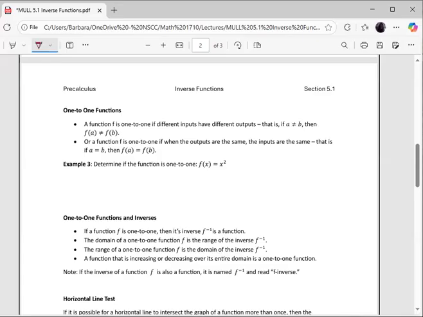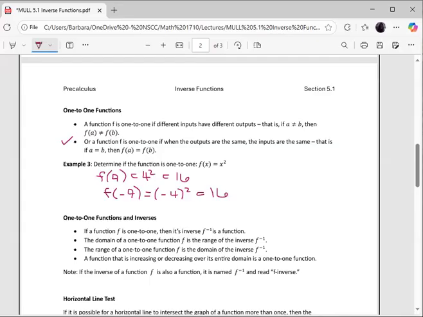This is f of x equals x squared. Well, if we look at this, we can see that f of 4 is equal to 4 squared, which is 16, but f of -4 is also equal to 16.